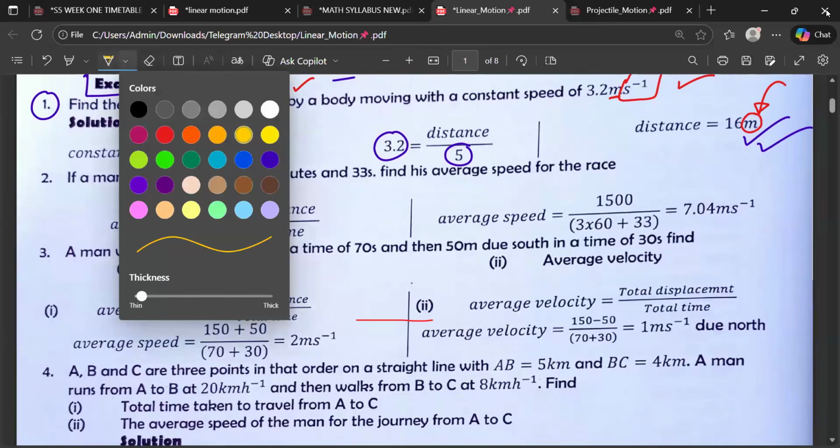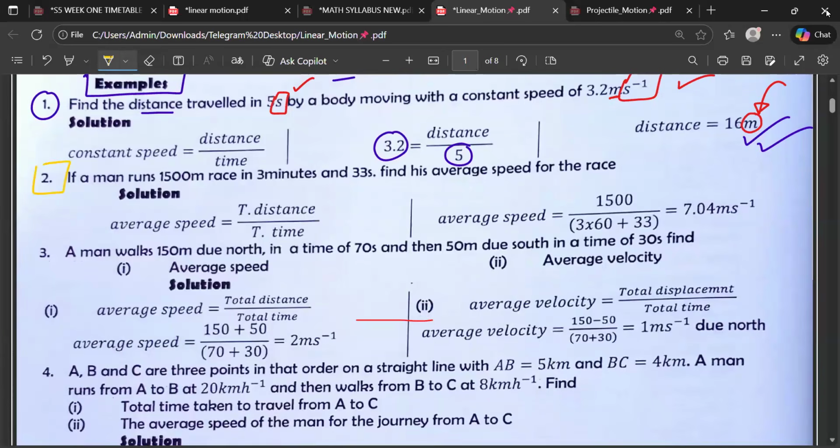We proceed. Question 2. If a man runs a 1500 meter race in 3 minutes and 3 seconds. Are you seeing? Things are becoming hard. They want you to get the average speed. The moment they say average, your formula should have total what?